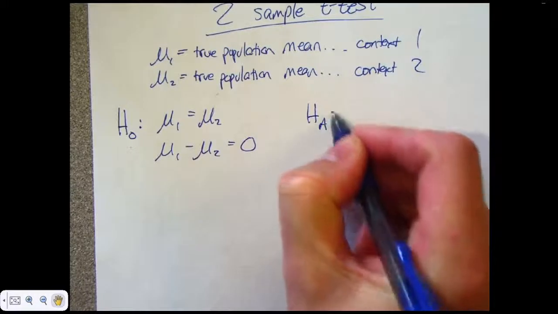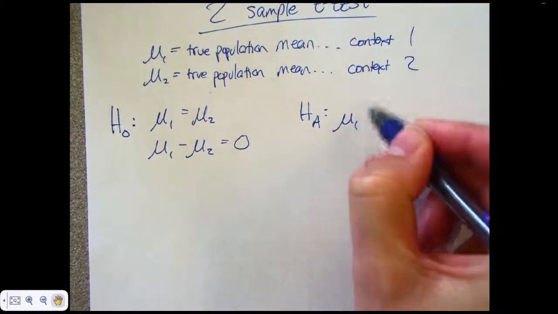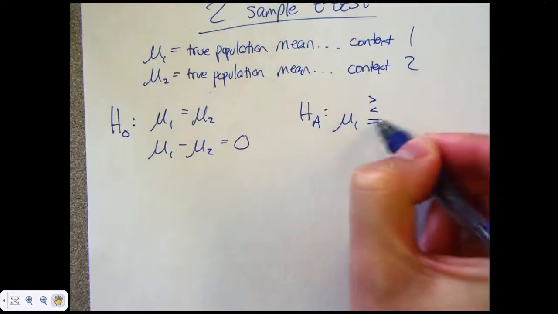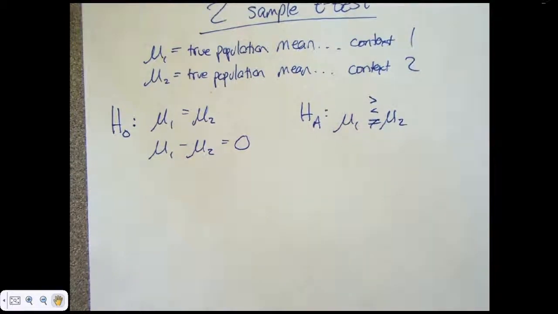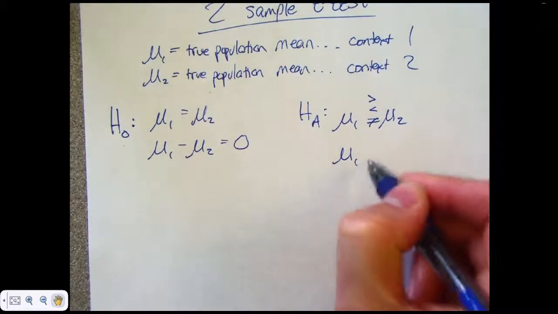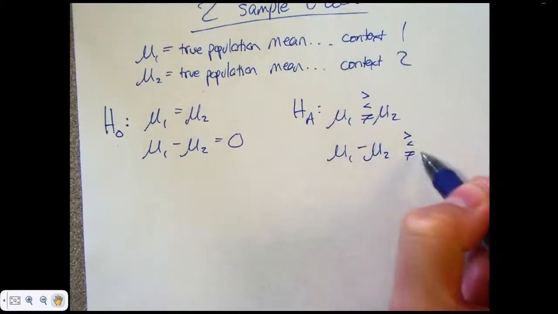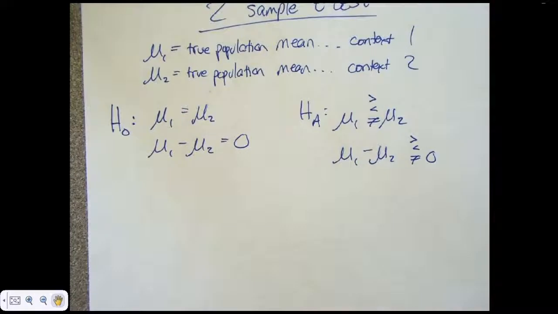HA, so you could get mu1 is greater than, less than, or not equal to mu2. Or if you wrote the second version, mu1 minus mu2 is greater than, less than, or not equal to 0.